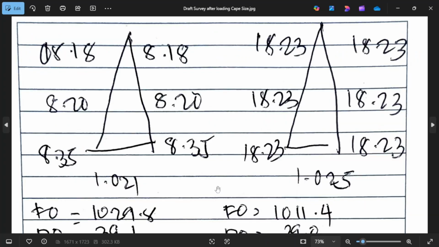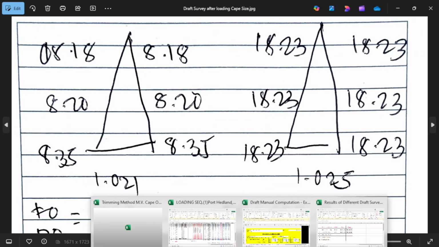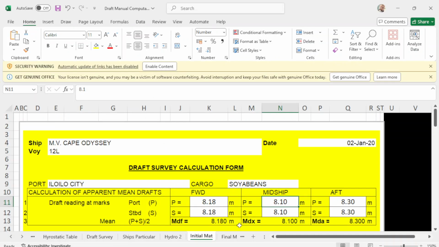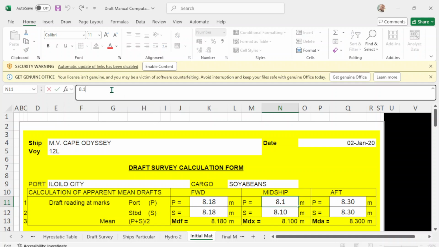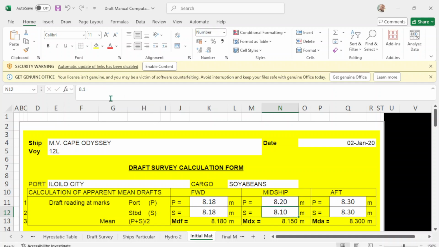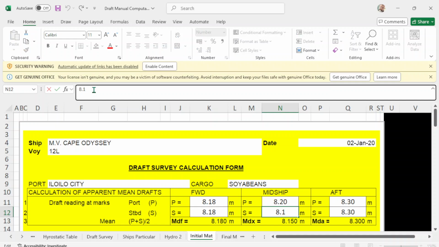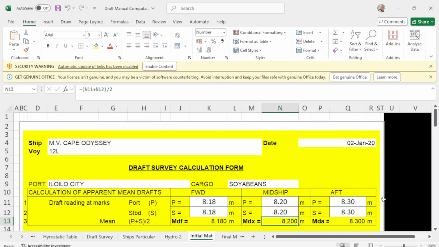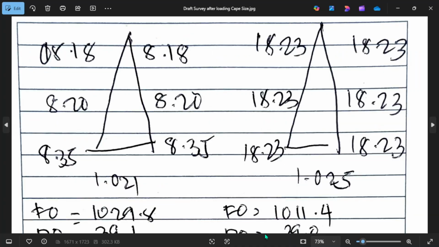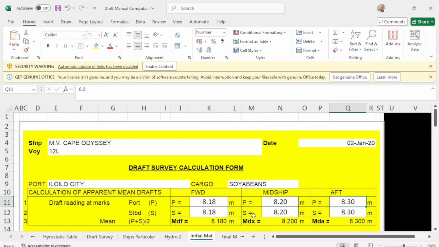Midship would be 8.20. Port is 8.2 and starboard will be 8.2. And your aft draft, how much is your aft draft? It is 8.35. Okay, aft draft is 8.35.